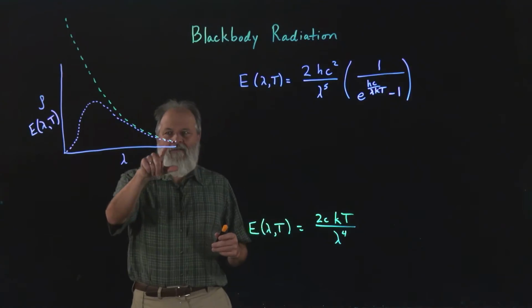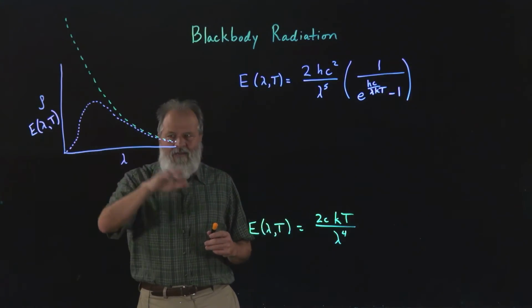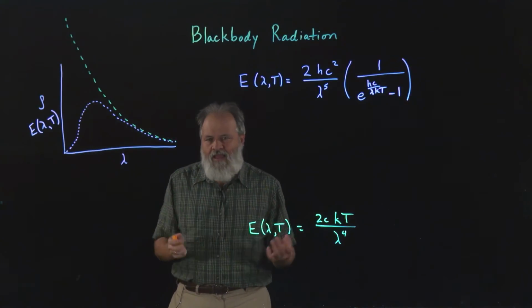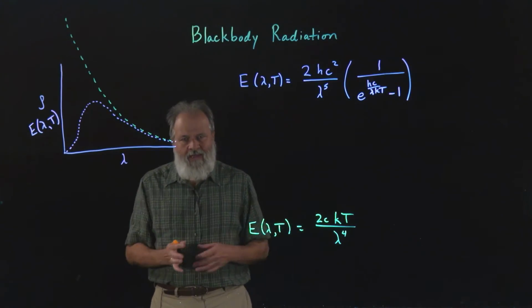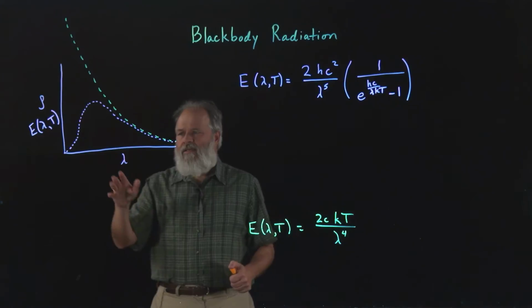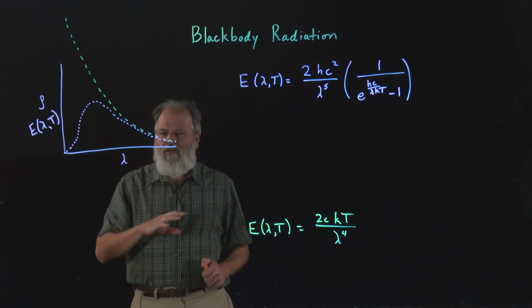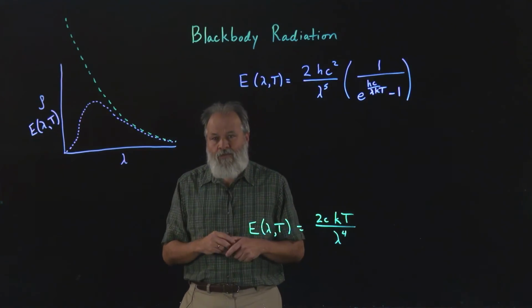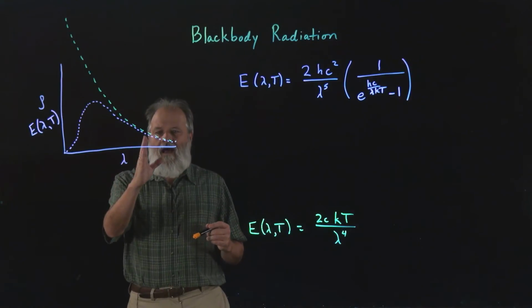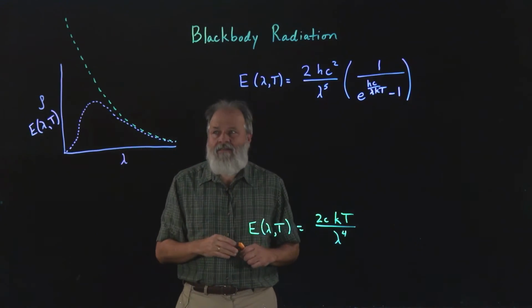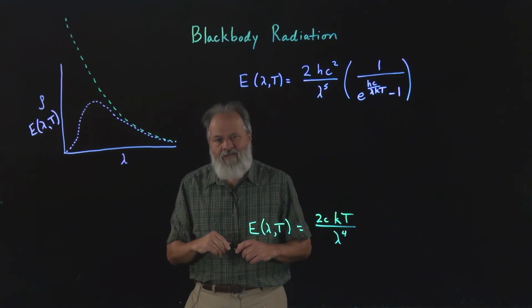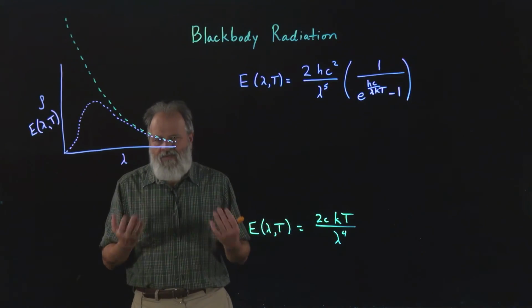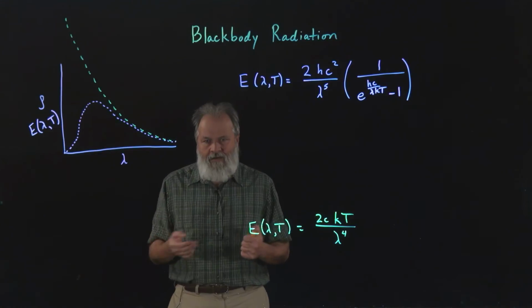Now, the other thing about this function is that it describes more or less the intensity of every frequency of light in a black body. And one of the characteristics of this curve is that it's a function of temperature. The hotter the temperature of the object is, then the peak of this curve is shifted to shorter and shorter wavelengths, and the light becomes higher and higher energy.